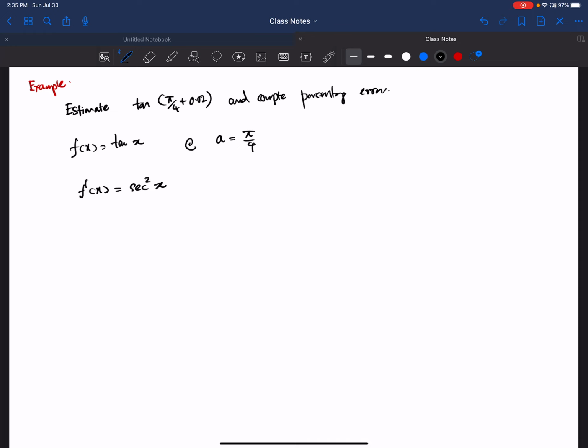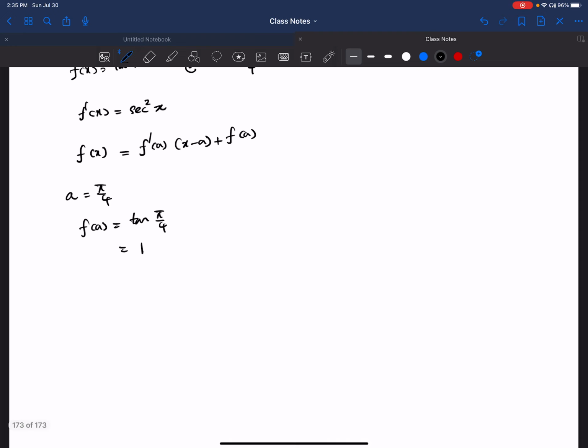So the linearized function is f of x, which is equal to f prime of a times x minus a plus f of a. So here a is equal to pi over 4. So f of a is equal to tangent pi over 4, which is equal to 1. And then f prime of a is equal to secant squared pi over 4. Secant pi over 4 is square root of 2, and if you get the square of that, it is equal to 2.